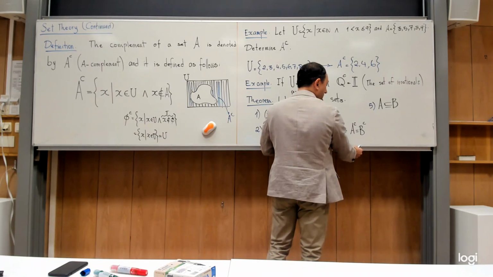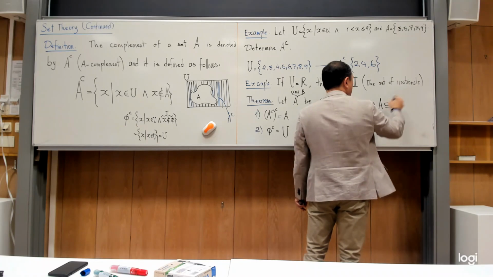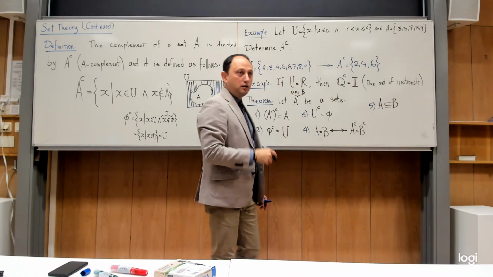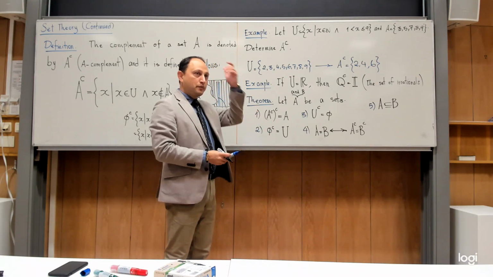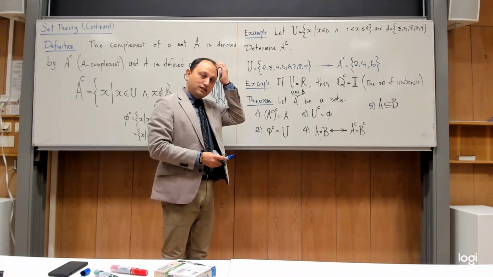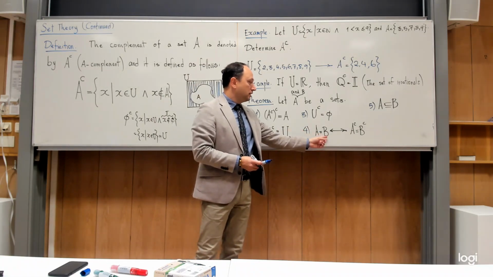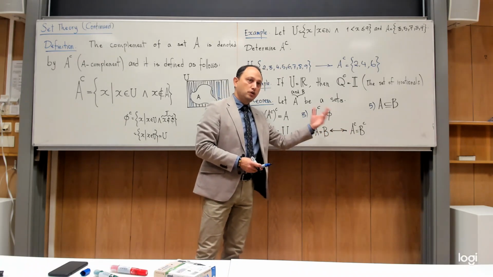Correct? Now my question is, can I just conclude and write that the complement of A is a subset of the complement of B? If the answer is yes, why? If the answer is no, can I make it right and defend that claim? Is the question clear? Here, if I tell you A is equal to B, you realize that you can conclude that the complements are also equal.